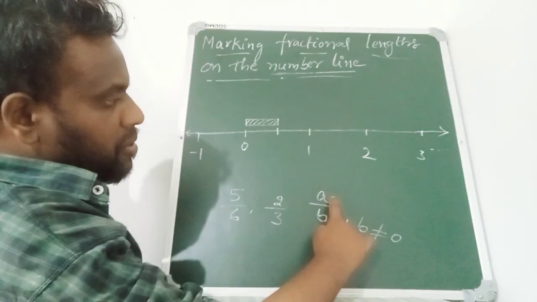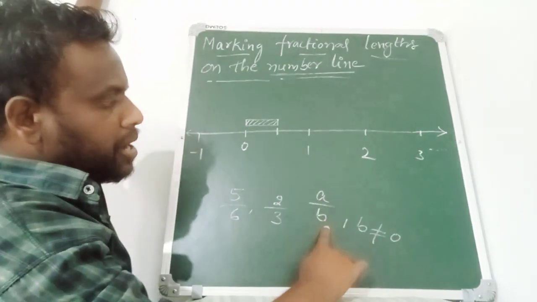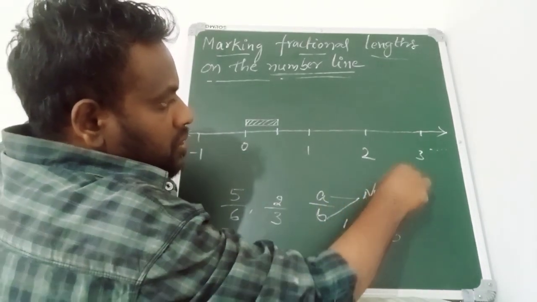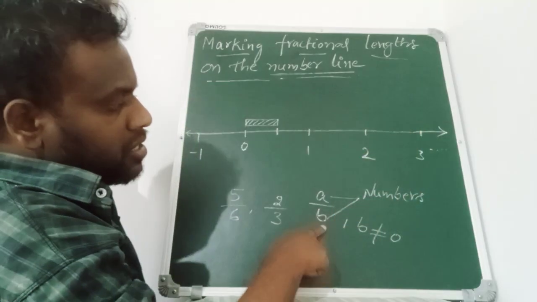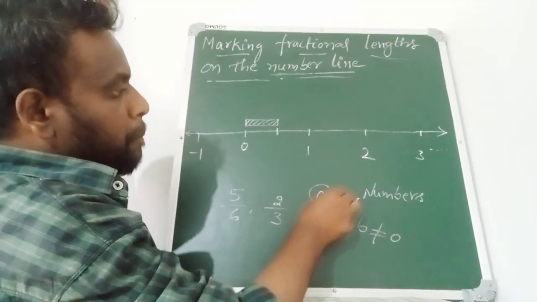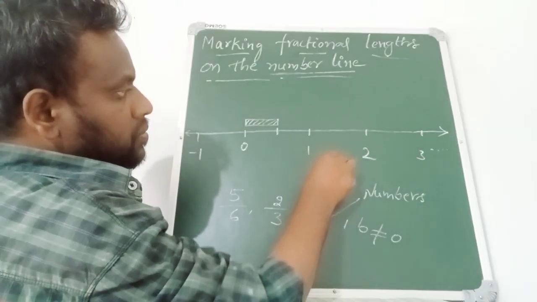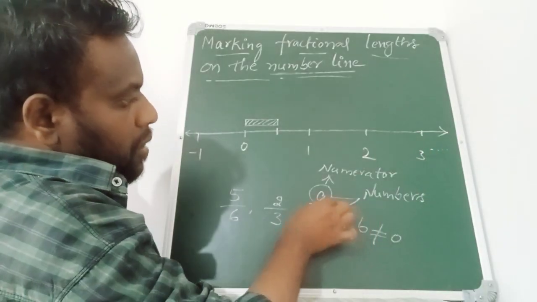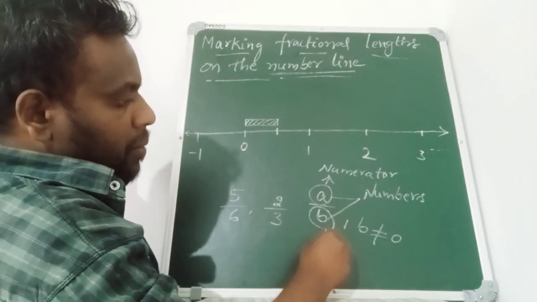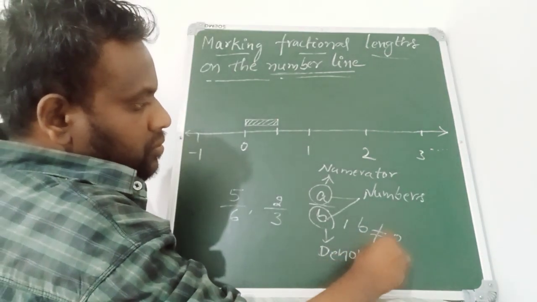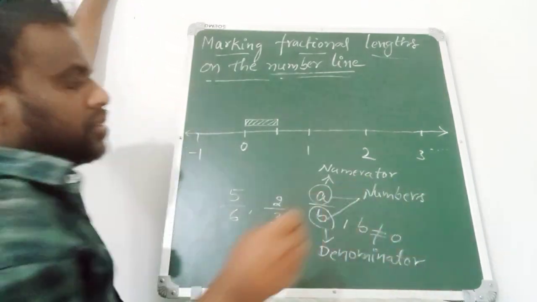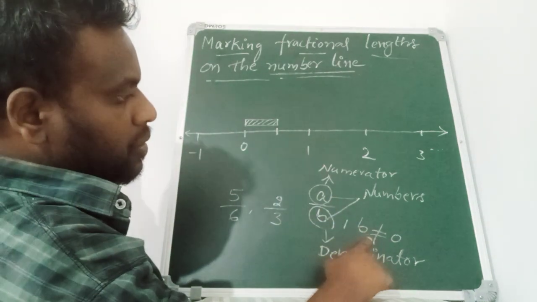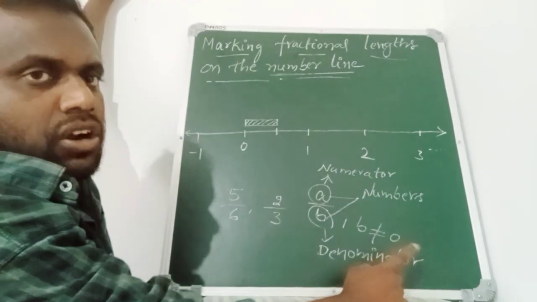This a and b are numbers, and this upper part is called numerator. This lower part is there, no, that is denominator. So anything in the form of a/b, and b is not equal to 0, that is called a fraction.